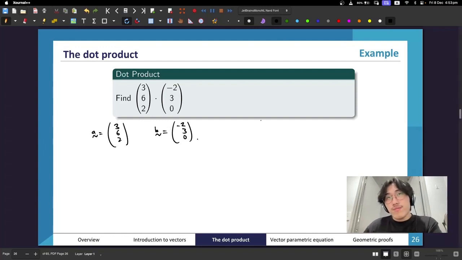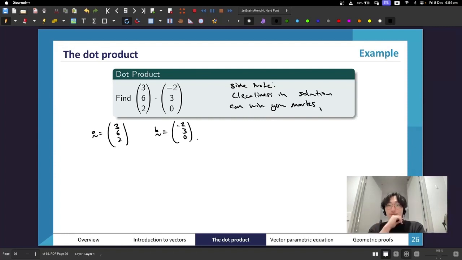A side note: cleanliness in solutions can win you marks. Now, when you're at school and you have terrible handwriting, that's fine, because you can go up to your marker or your teacher and ask them what happened here.